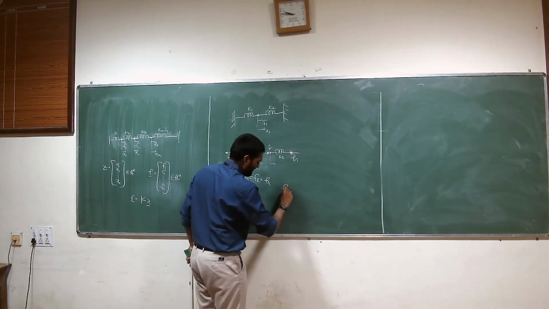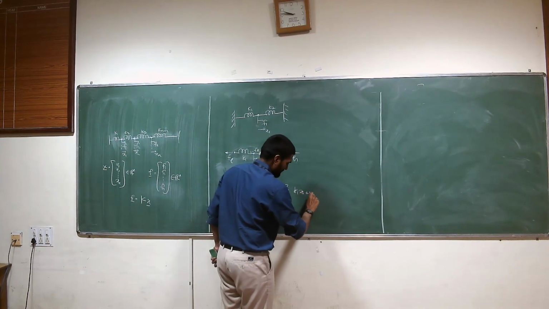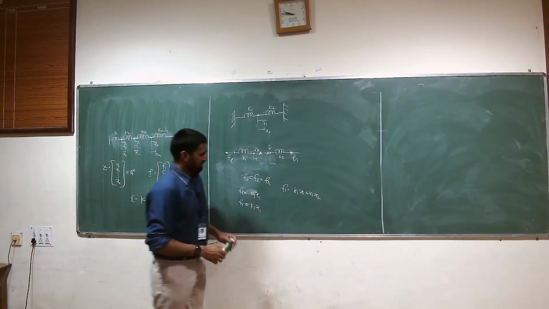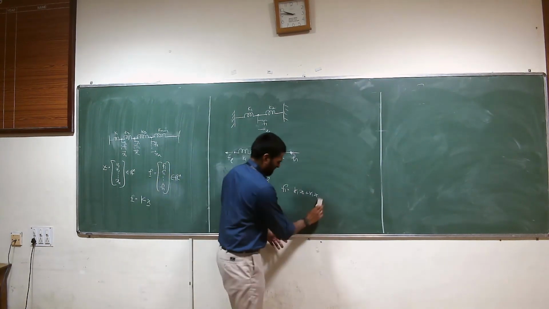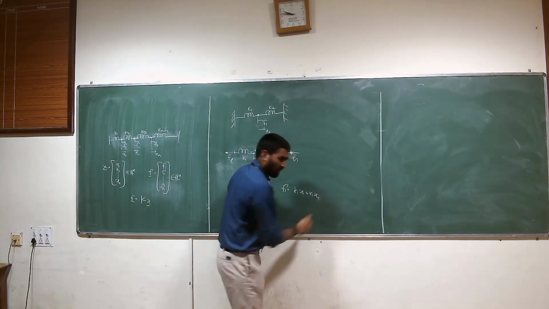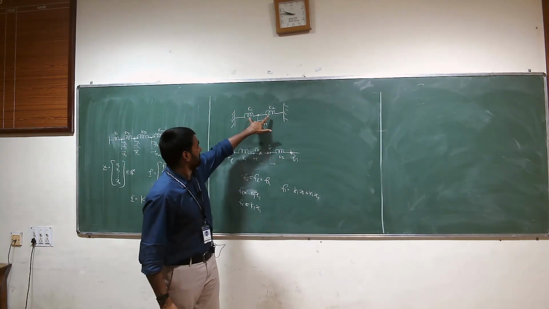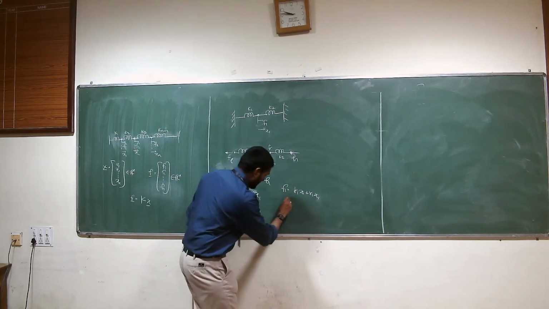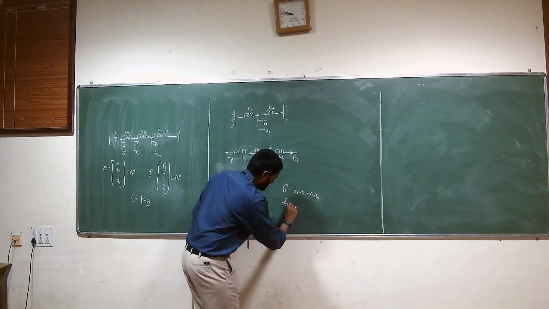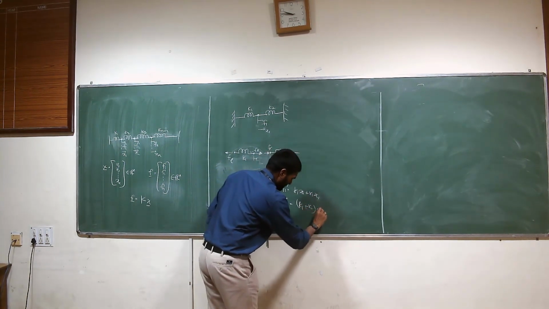That means F1 is simply K1 times X1 plus K2 times X1. Sorry, not X2, X1. This is the expression that relates the force and the displacement experienced by the spring. In fact, this says F1 is K1 plus K2 times X1.